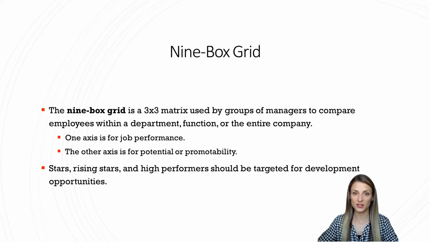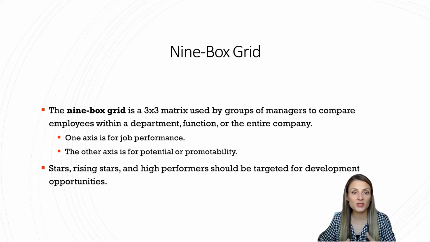How do we identify high potential employees? The 9-box grid is a popular tool used by companies all over the country. It is a 3x3 matrix, so 9 boxes, that allows organizations to compare employees across the organization or within a specific department, division, or team.